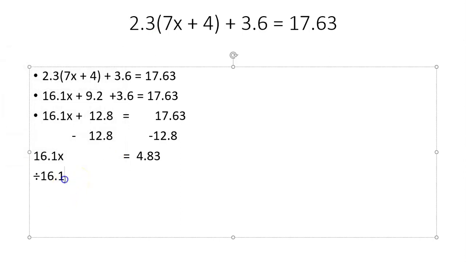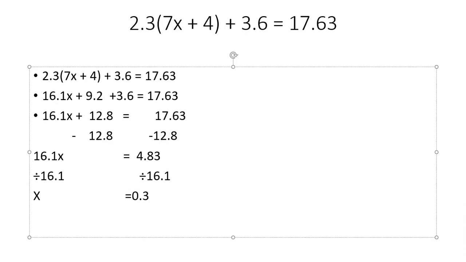Divide by 16.1 here, and divide by 16.1 there. Well, 16.1 divided by 16.1 goes away, and we're just left with x here. And 4.83 divided by 16.1 is 0.3.